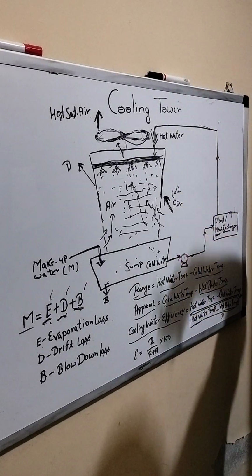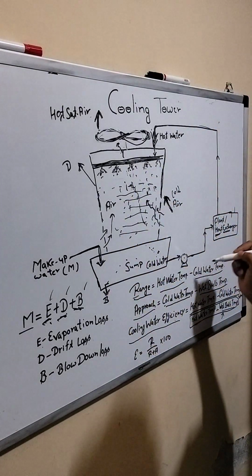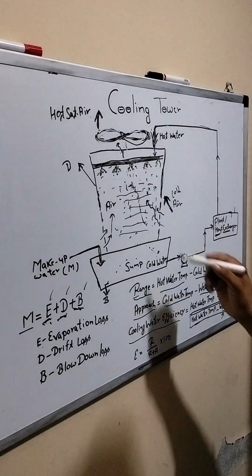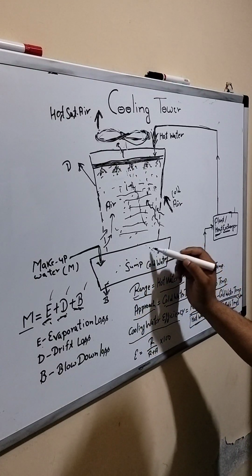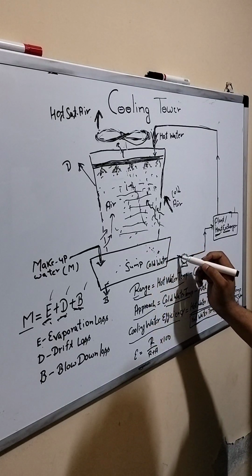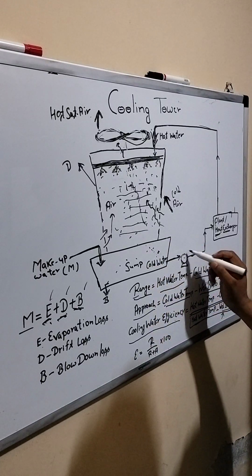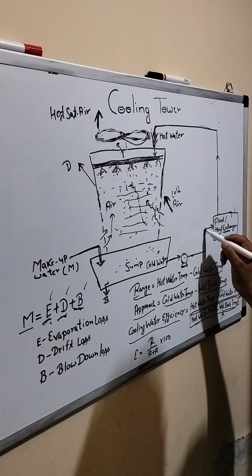Firstly, we have to understand what the procedure is in this static diagram. What is happening here? This is a sump where all the cold water will collect from the cooling tower. It will get transferred with the help of this centrifugal pump to your plant.